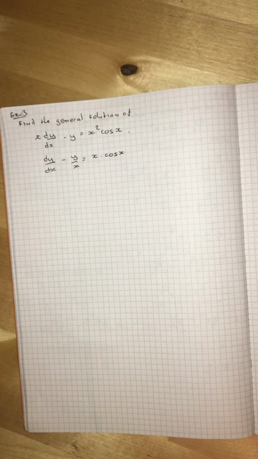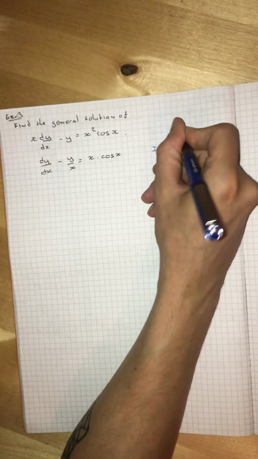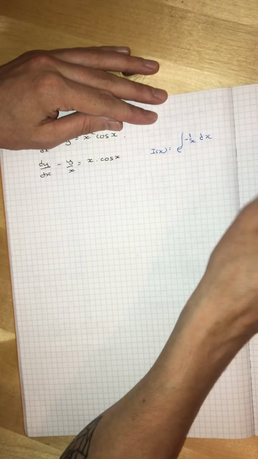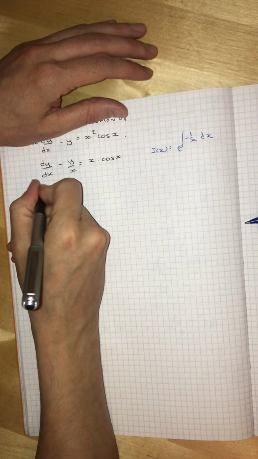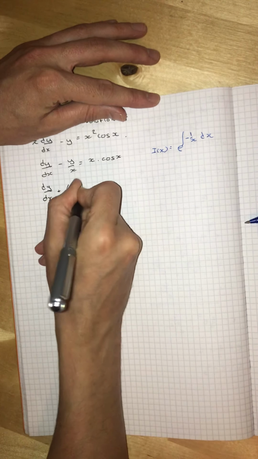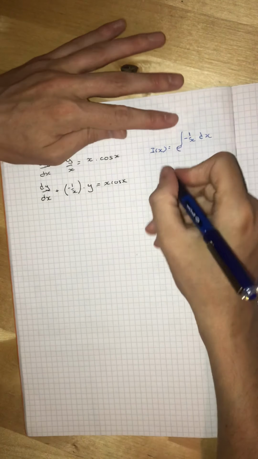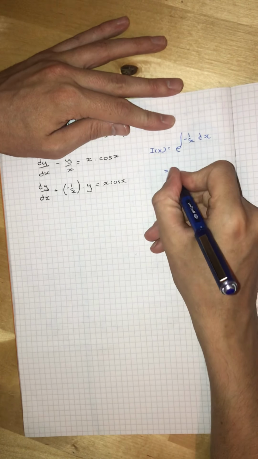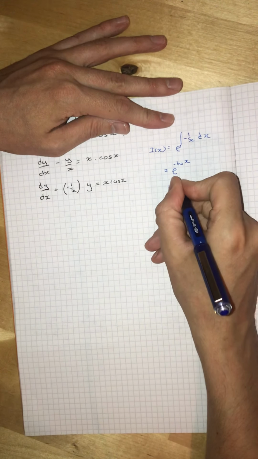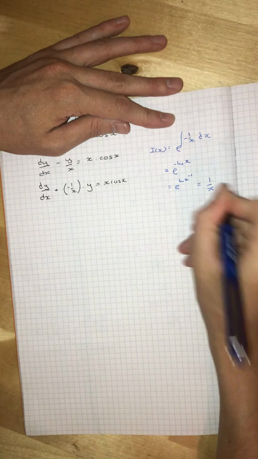Okay, and now let's find the integrating factor. It's e to the integral of negative 1 over x dx, because remember the standard form is a plus, so I should really rewrite that as plus negative 1 over x times y equals x cos x, which gives us e to the negative log x, which is e to the log x to the negative 1, which is just 1 over x.